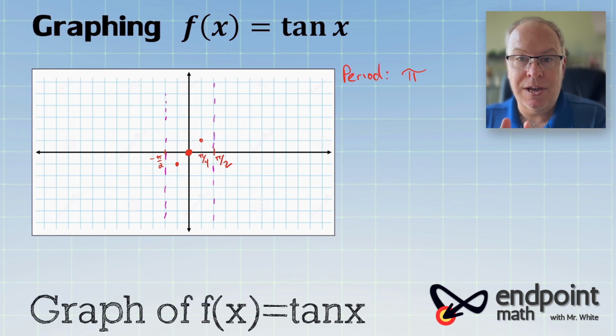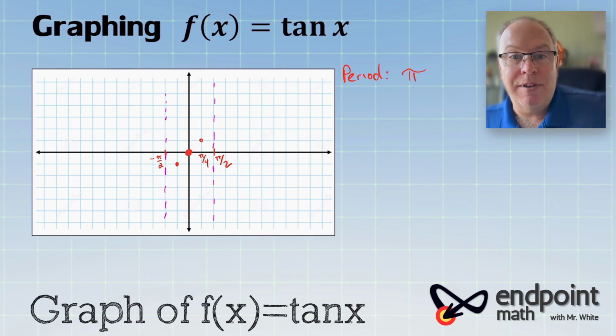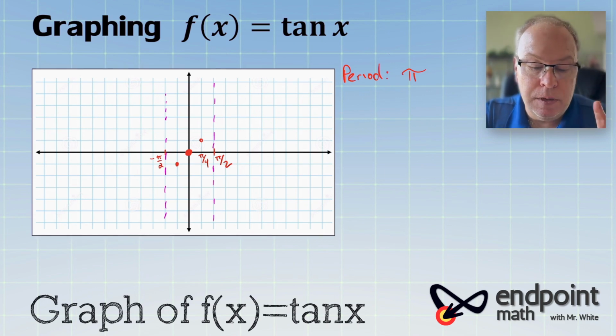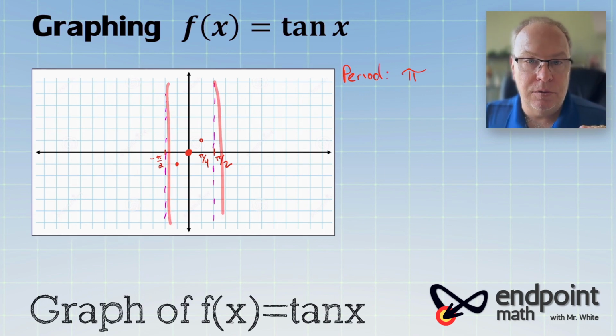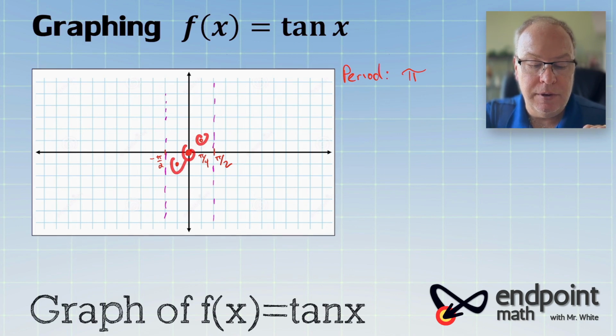I'm sorry, I misspoke. The tangent of 315 degrees, there we go, that would be negative pi over 4. Negative 45 degrees is negative 1. All right, so we've got our 5 things. Let's count them. 1, 2 asymptotes, and then 1, 2, 3 dots. This is all we need.